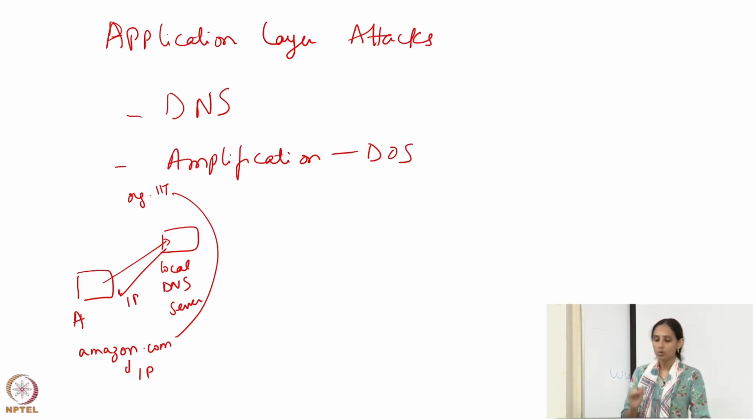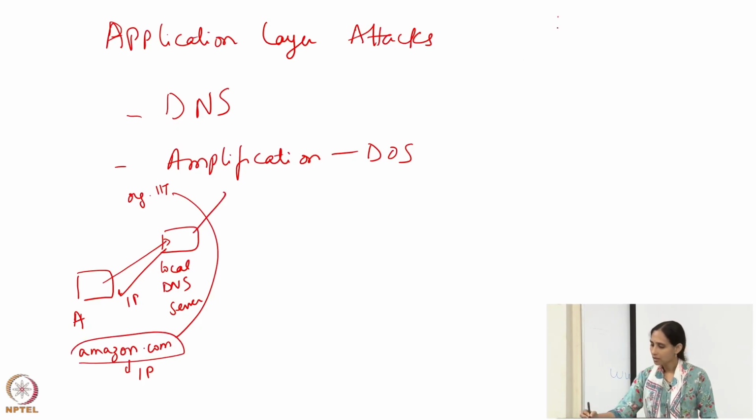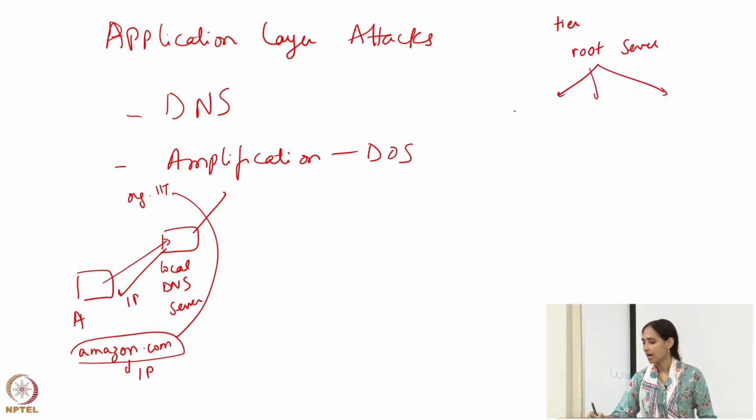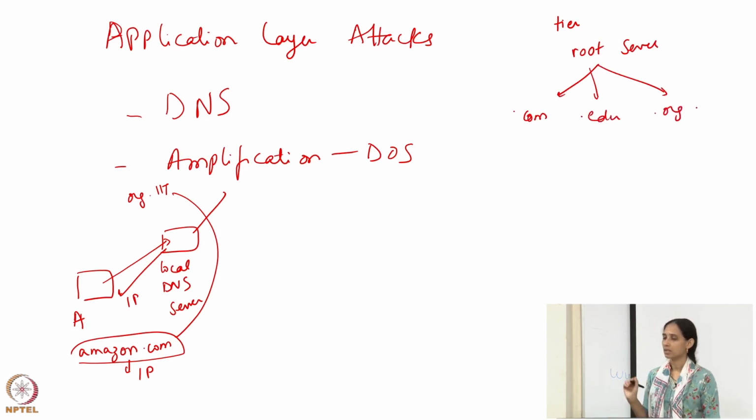Now, how does this local DNS server determine this particular IP address? This you may have read about: in DNS, if you look at amazon.com, it is a tier system. At the highest level are what are called root servers. Under these root servers, we have .com, .edu, .org, all these are there.